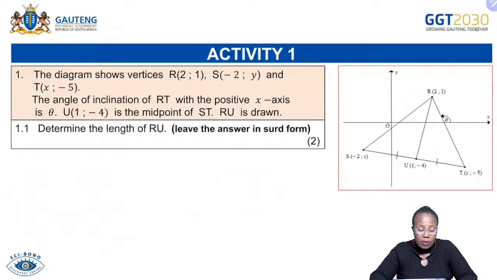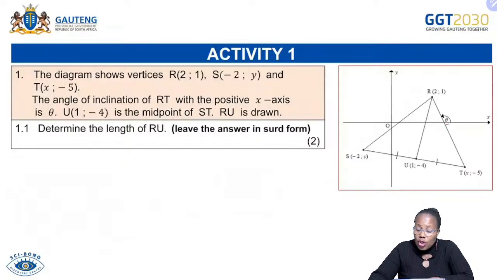And now here we start with your activity. On everything we have done with you now, I want to see, can you apply the information that we have done above to answer this question? We are given the diagram that shows vertices R, S, and T. The angle of inclination of RT with the positive x-axis is theta, as indicated, grade 12s.